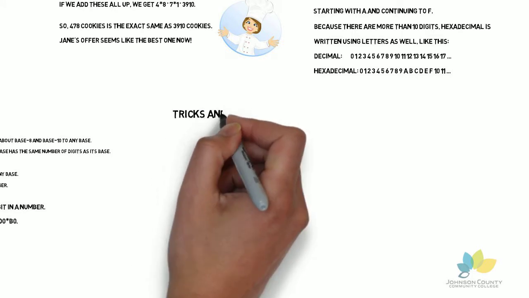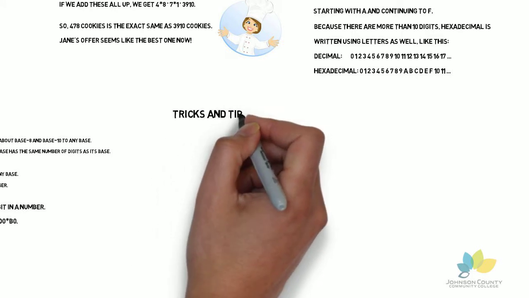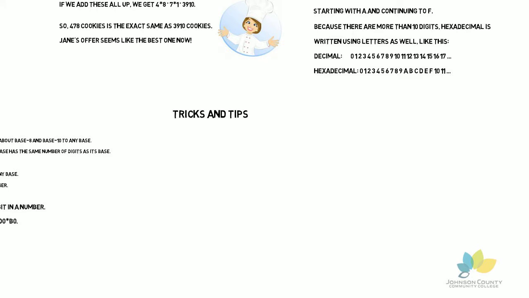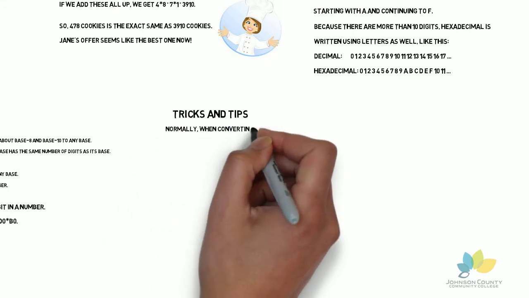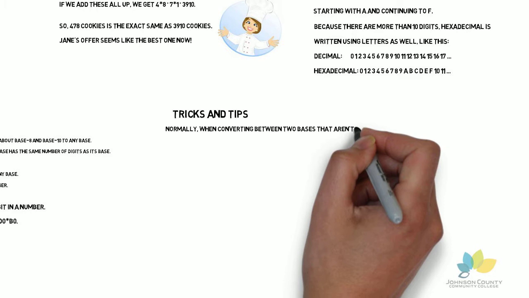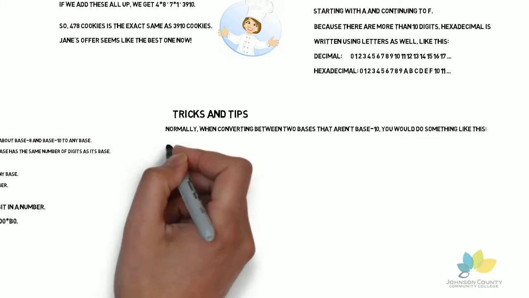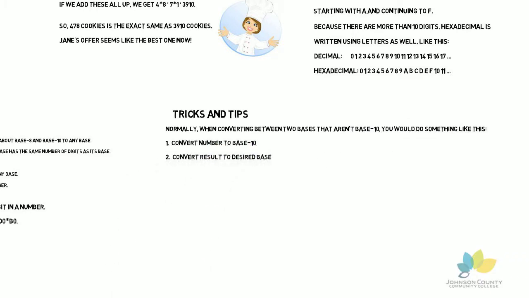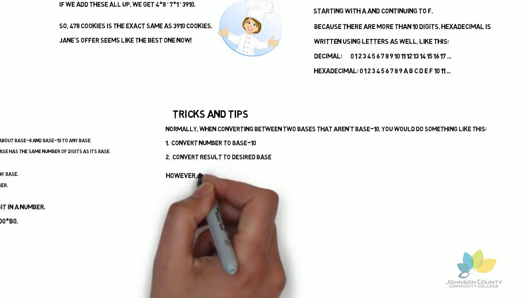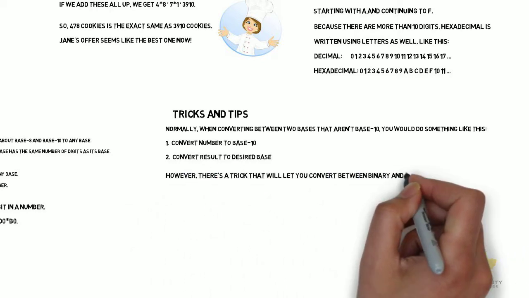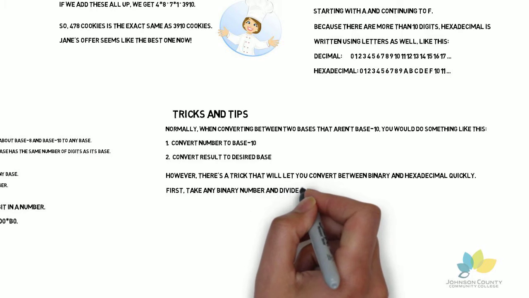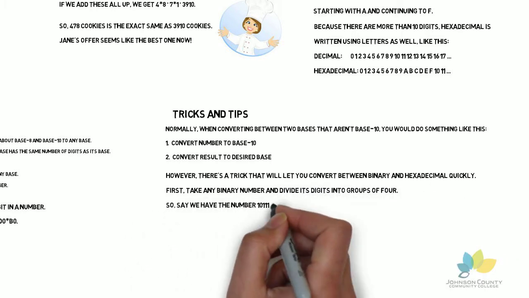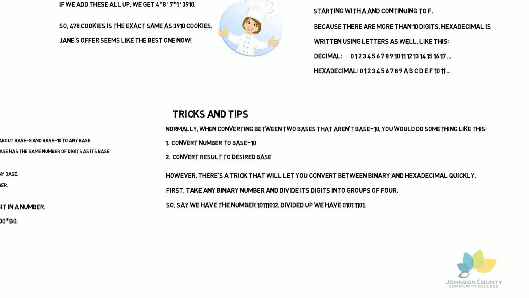Let's look at some tricks and tips. Normally, when converting between two bases that aren't base 10, you would convert the number to base 10, then convert the result to the desired base. However, there's a trick that will let you convert between binary and hexadecimal quickly. First, take any binary number and divide its digits into groups of 4.